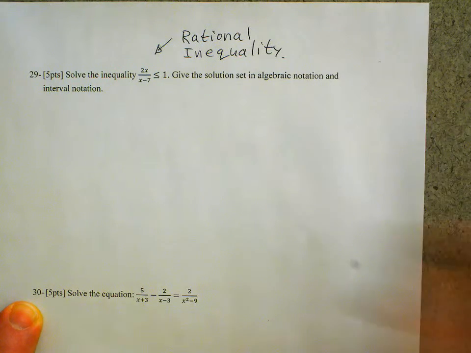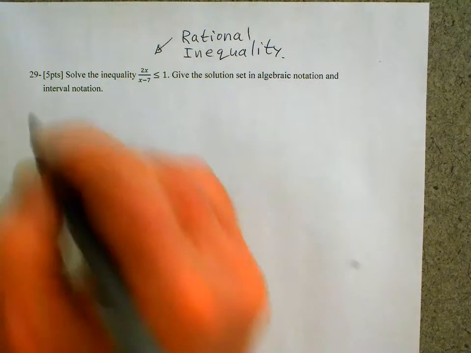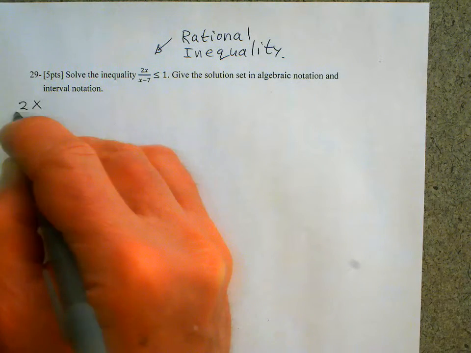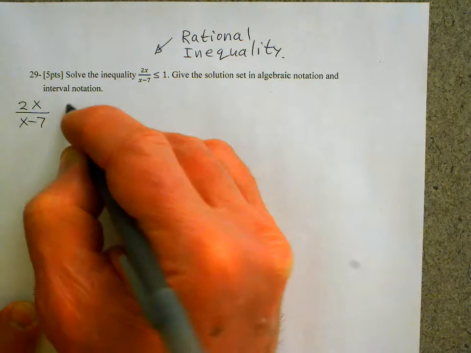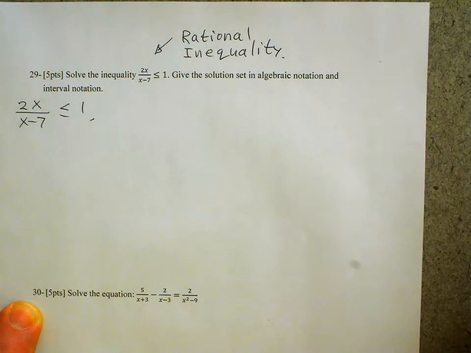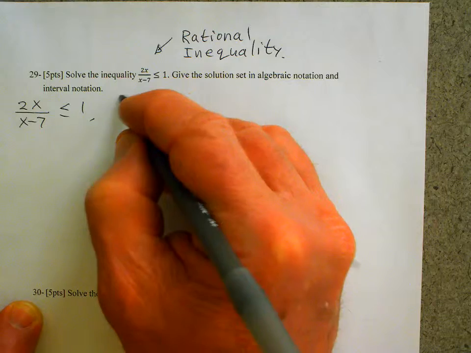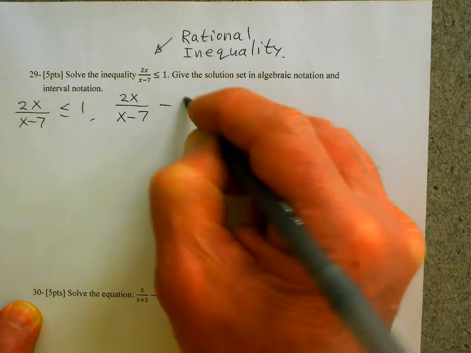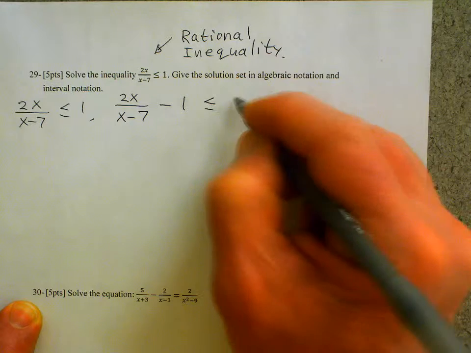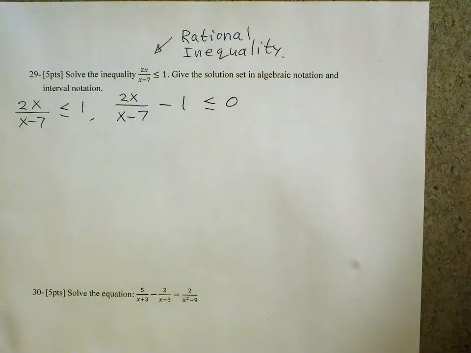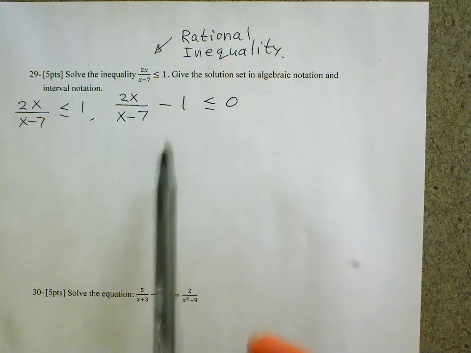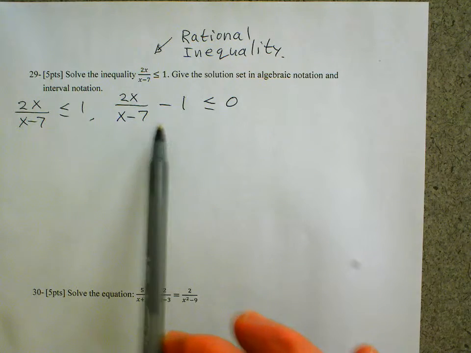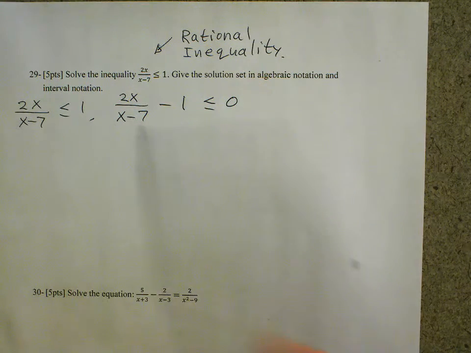For rational inequalities, we want one side to be 0. So that means we have to subtract 1 from both sides and then simplify the left-hand side. So now that we've subtracted 1 from both sides, we need the left-hand side to be a single rational expression.